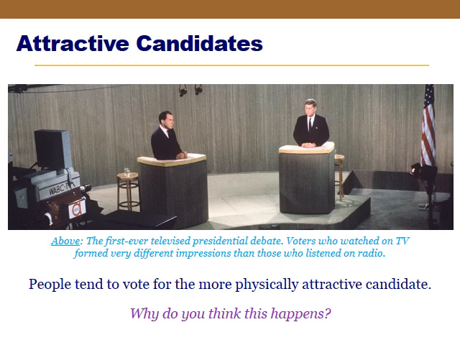But another explanation for this that's been proposed is that being physically attractive is also a sign of being healthy. And people generally, for evolutionary reasons, might prefer to have leaders that are healthy, leaders that are not going to die in office, for example, and leave his or her constituents without a leader.